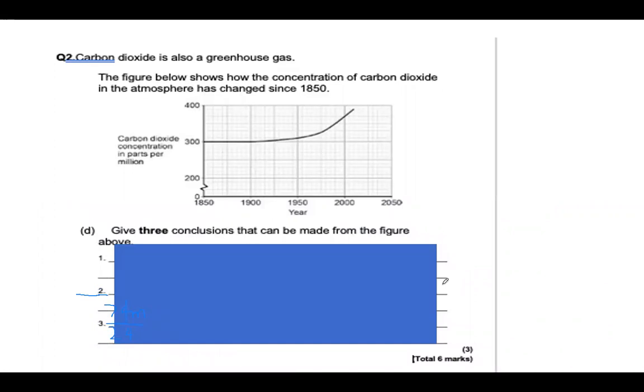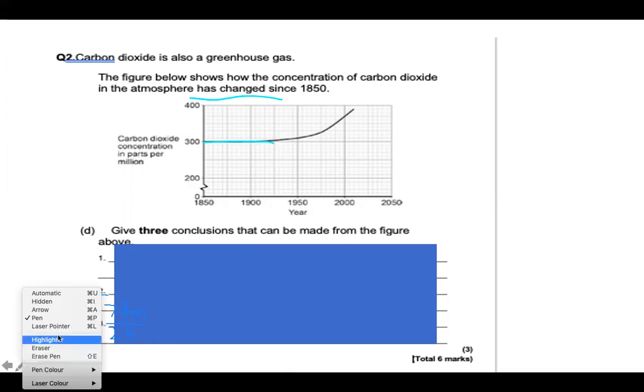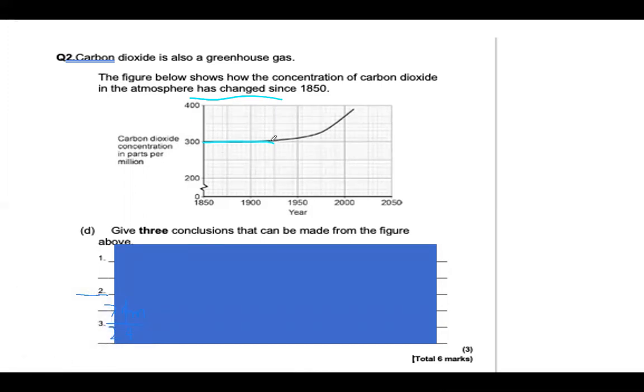Carbon dioxide is also a greenhouse gas. The figure below shows how the concentration of carbon dioxide has changed. So we need to talk about how it's changed. So if we look at the shape of the graph, it was constant or the same until about 1925. So that's going to be our first conclusion. It then increased at a slow rate till about 1975.